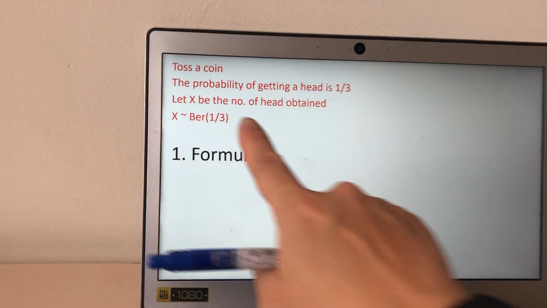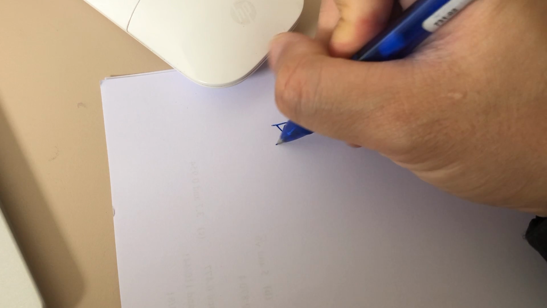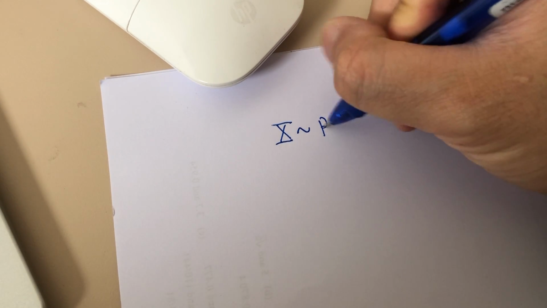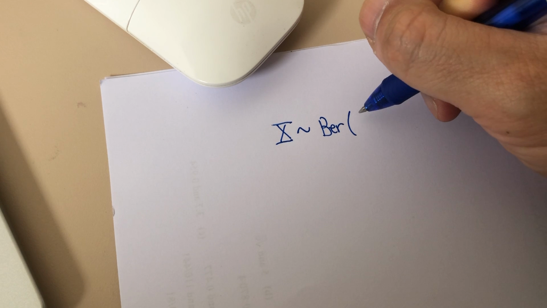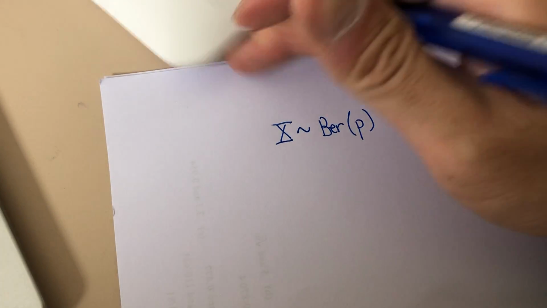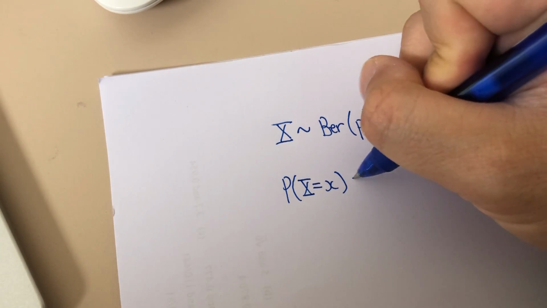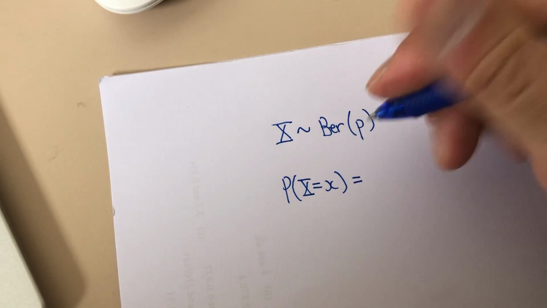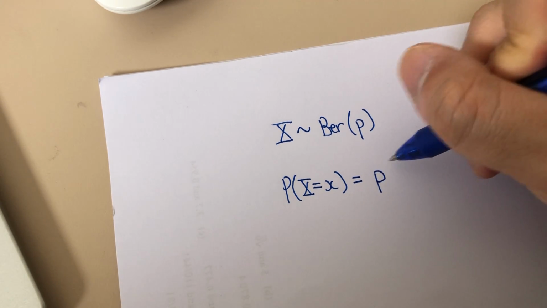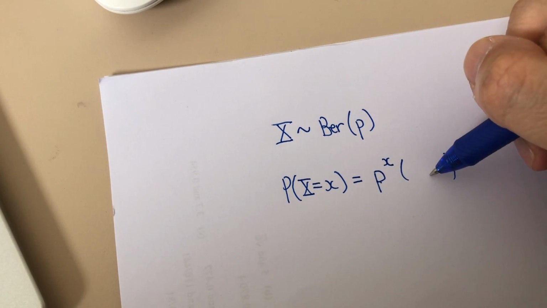So, how to form the formula? Very easy. If X follows a Bernoulli distribution with the probability of success p, then the formula of the probability is, first of all, the probability of success to the power of x times the probability of failure.